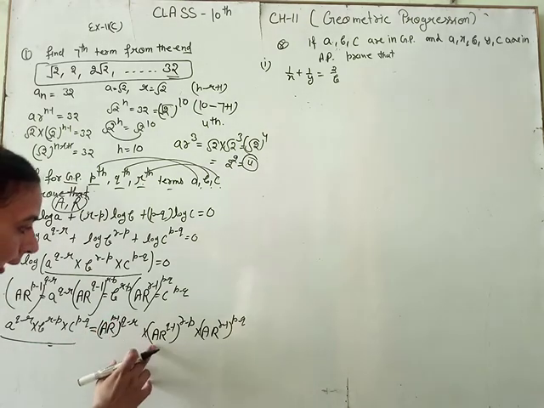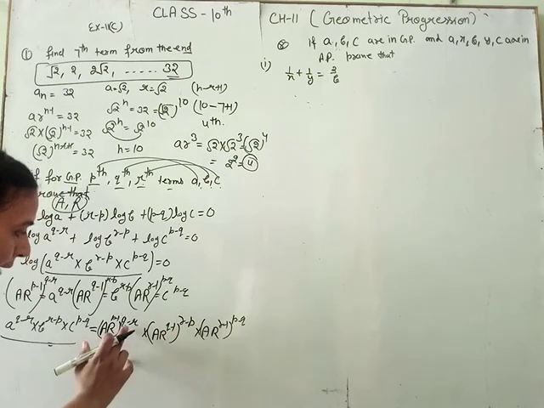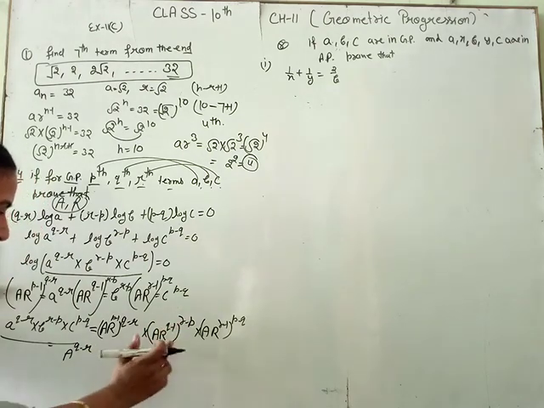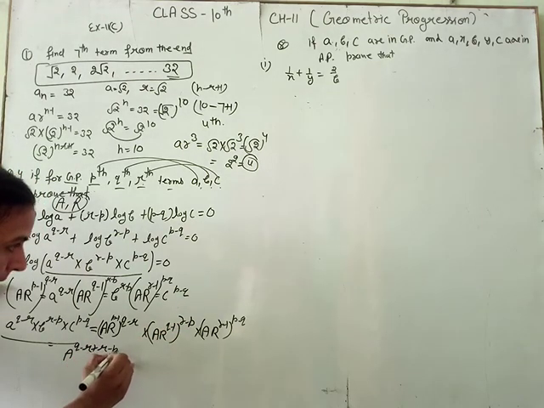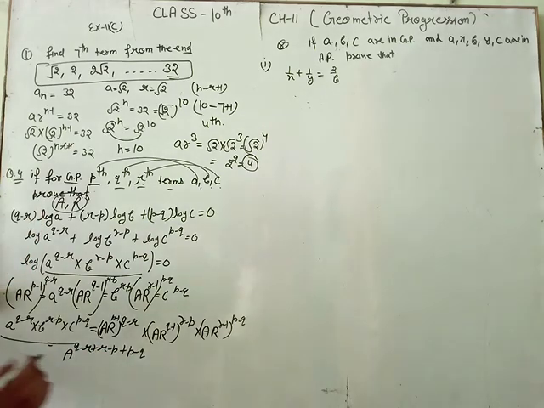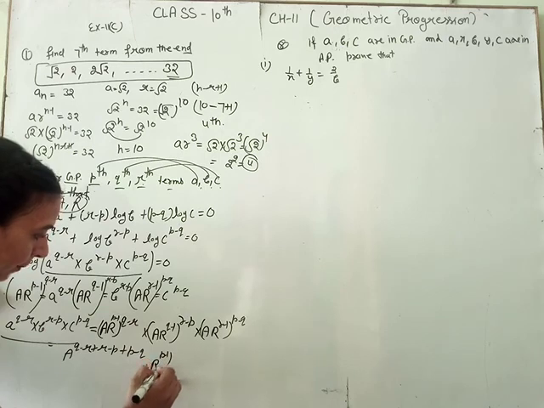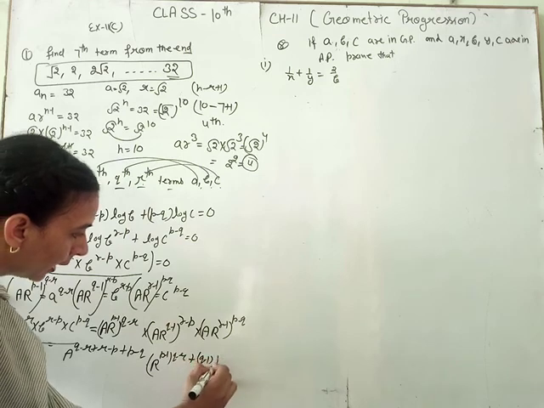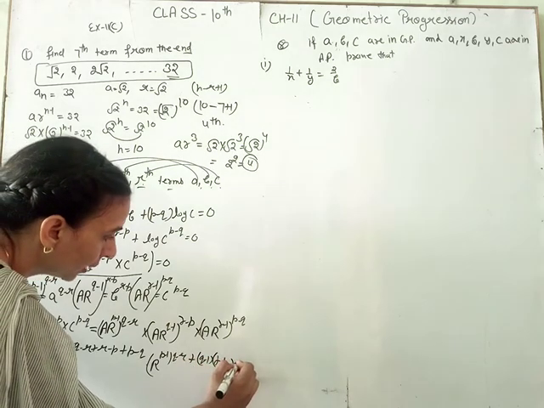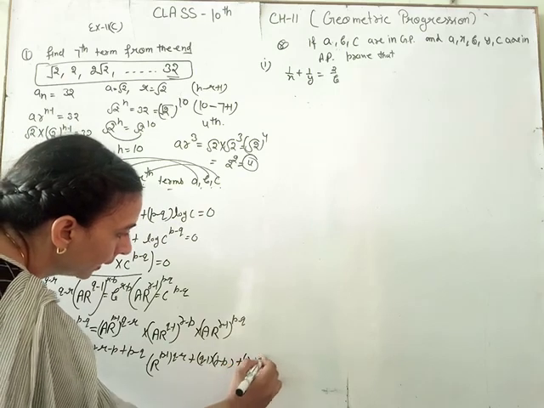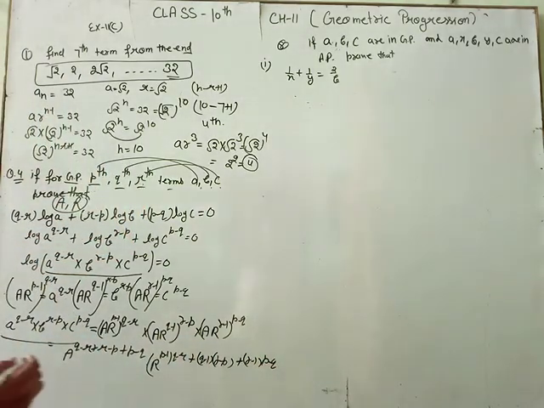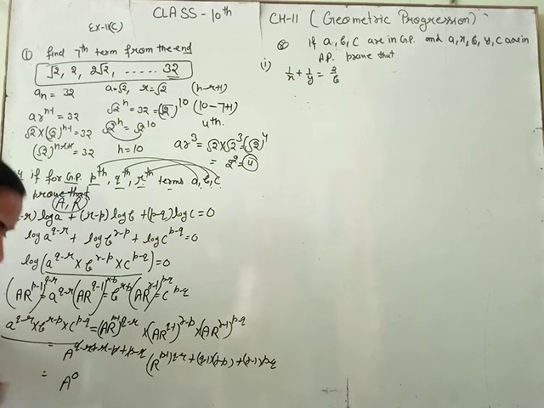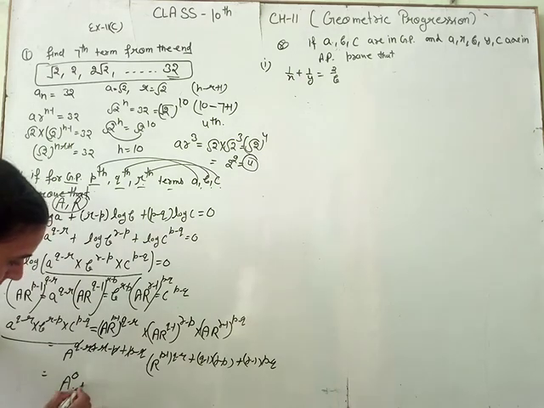This equals this, so we find the value of this. It is A raised to the power (q minus r) plus (r minus p) plus (p minus q), all multiplied, and R raised to the power (p minus 1)(q minus r) plus (q minus 1)(r minus p) plus (r minus 1)(p minus q). Completely, q cancels q, r cancels r, p cancels p, giving A raised to the power 0, and similarly R raised to the power 0.